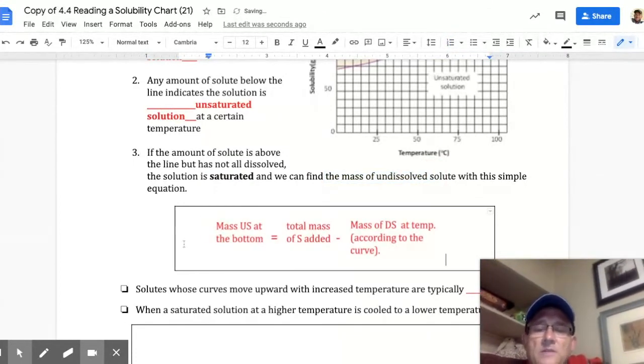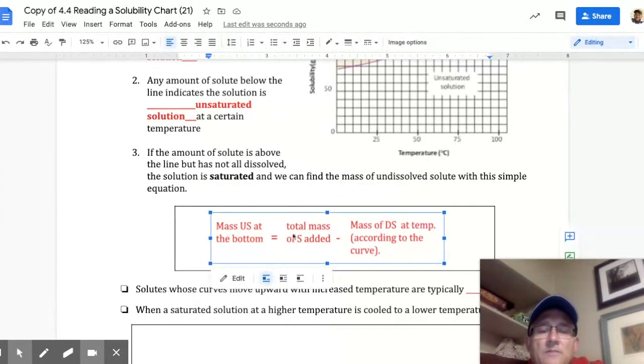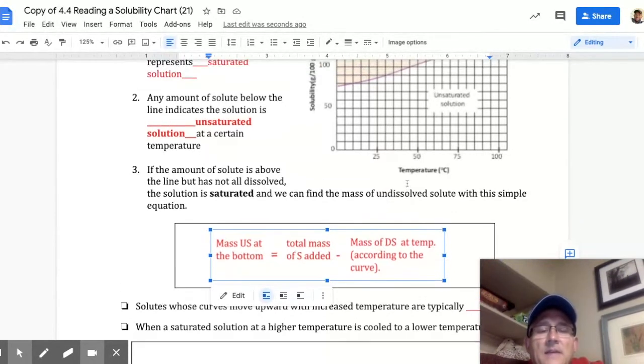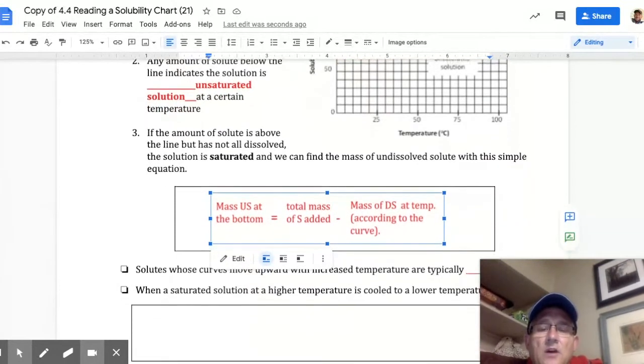In this equation, we're going to determine the mass at the bottom of our solution by taking the total mass of solute that we've added. In this case, it would have been 150 grams. And then we subtract that from the mass that at that temperature can actually dissolve. So in this case, we'd read up our graph and we'd see that it looks to me like about 120 grams can actually dissolve.